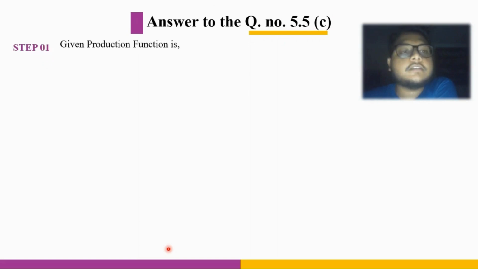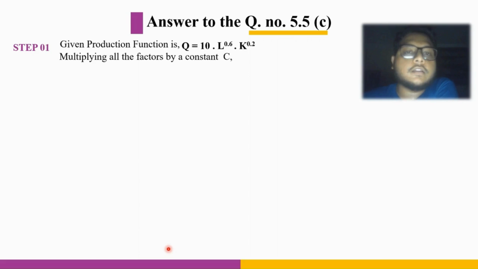Again, step 1, this is a bit interesting. We have this function 10 into L to the power 0.6 K to the power 0.2. Now in that scenario we consider another constant c.